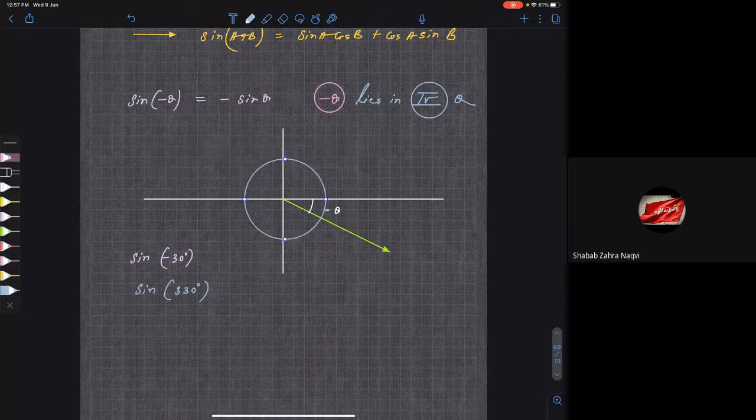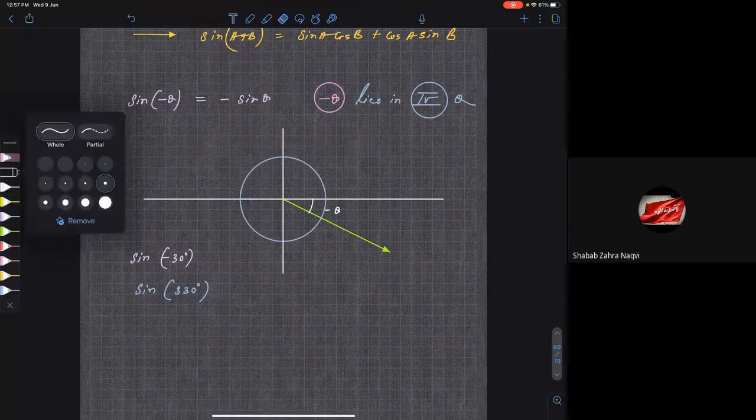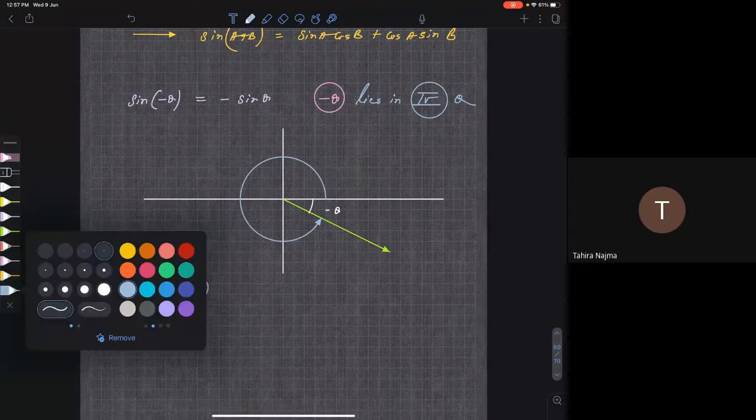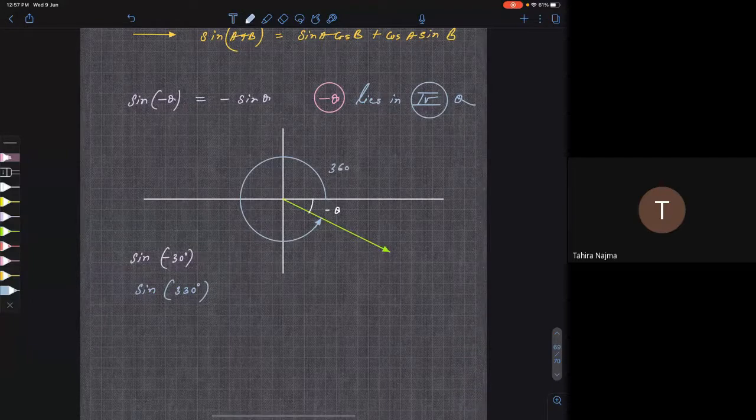So let me just write it a little bit bigger. According to our traditional way, I have to always start from the positive x-axis and go in the anti-clockwise direction for theta. So minus theta is actually equal to 360 minus theta.